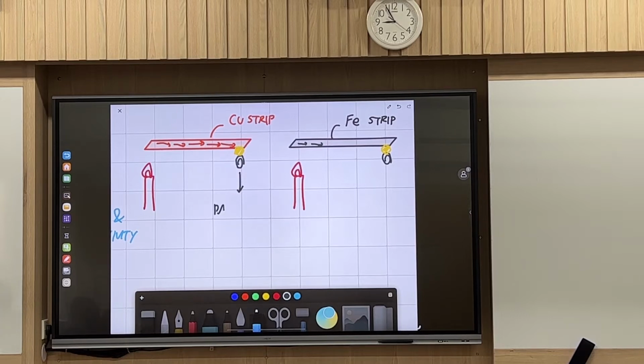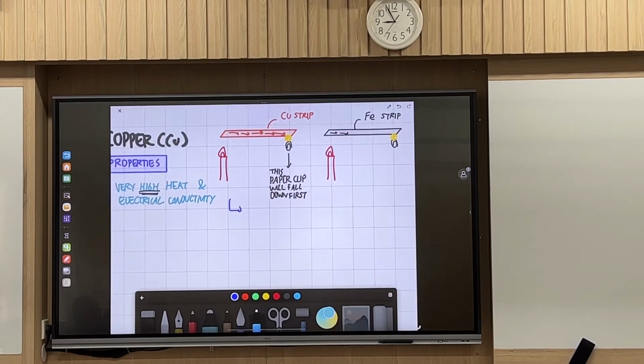The paper clip will fall down first, and it tells you something. In a scientific experiment we draw a conclusion. The conclusion is that heat is conducted through the metal copper more quickly than in iron.